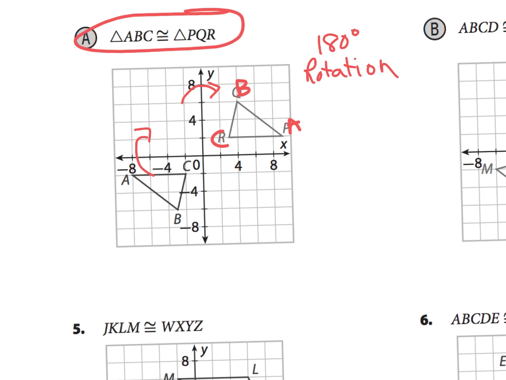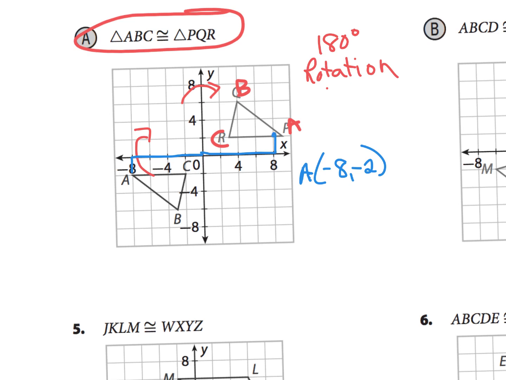Okay, and so let's map one of these. So A starts at -8, -2. And if I do a 180 degree rotation, I'm going to say out 8 over 2. So I'm going to go this way, out 8, up 2. And it puts my A right there.